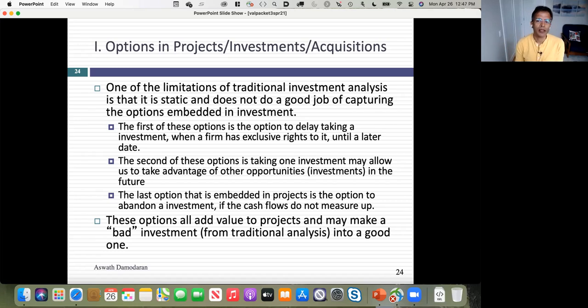You walk in with open eyes. But you know why you might choose to still take that project? Because if that project works well, think of what it's opened up to you. A market of 1.2 billion people with immense potential, right? The option to expand might sometimes mean that you take a project with a negative net present value, but because it gives you an entree into the artificial intelligence market, into China, into electric cars, you might choose to take that initial investment.